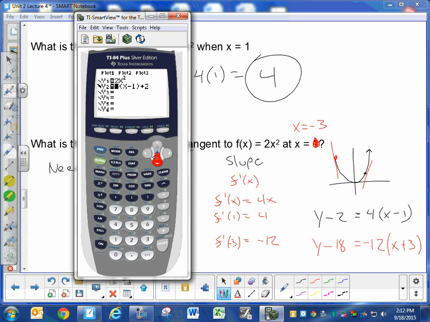Let's go ahead and graph this other one. -12x plus 3 plus 18. Graph. Voila. At -3, 18, there's my tangent line.